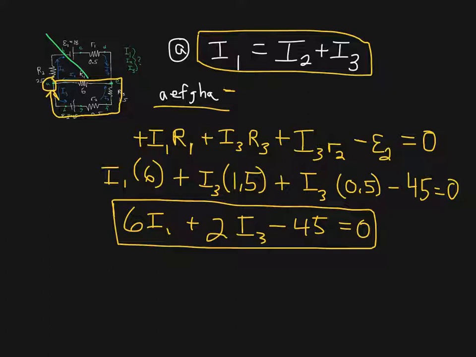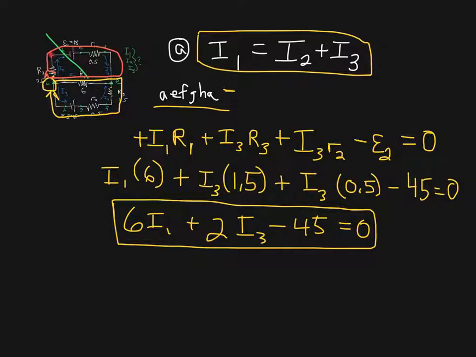So the top loop looks something like A, B, C, D, E, back to A. So I'm going around this way. So the top loop, I'm going to go up through the top loop. My loop is going up, which is the same direction as my current.